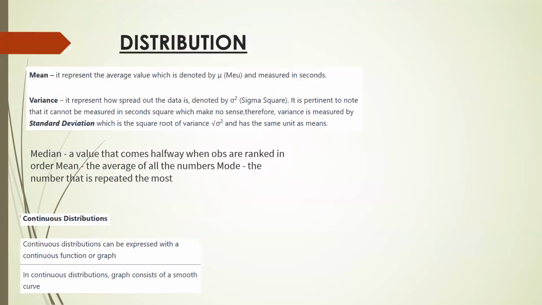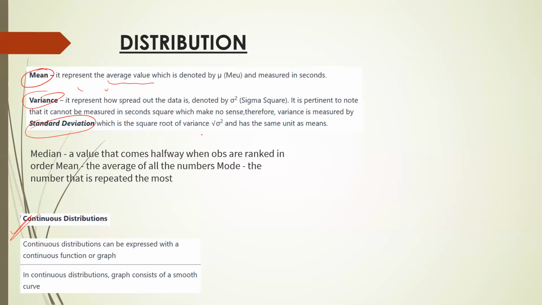Now, let's talk about distribution. With respect to distribution, you need to remember what is mean, what is variance, what is standard deviation, and what is a continuous distribution. Mean is the average value of all the values, the arithmetic mean.